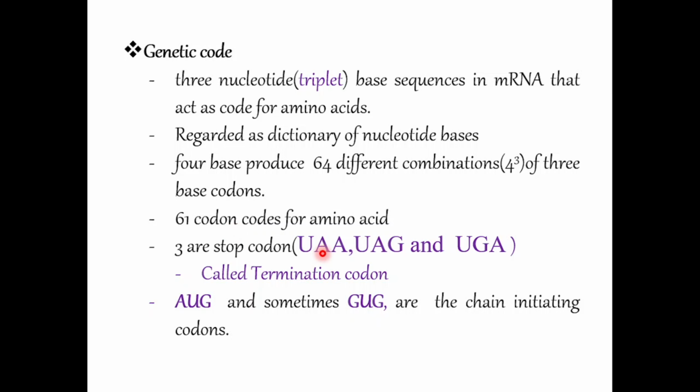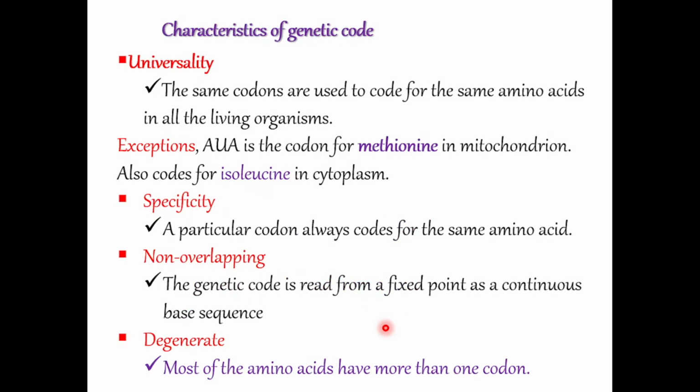The rest, 3, are stop codons: UAA, UAG, and UGA. While protein is being produced, if these stop codons come, it stops the work. That is why its name is termination codon. Just like stop codons, there are starting codons, which code for methionine: AUG, or GUG. It is the start codon.